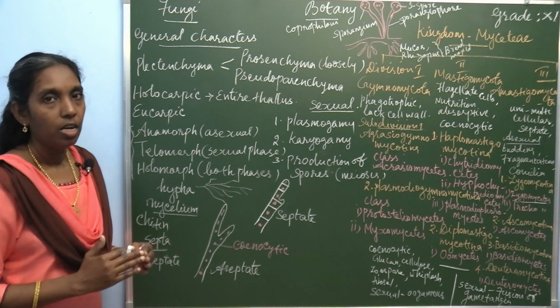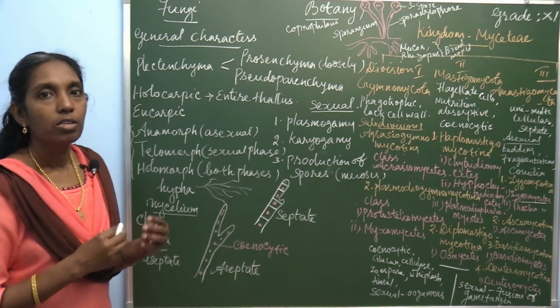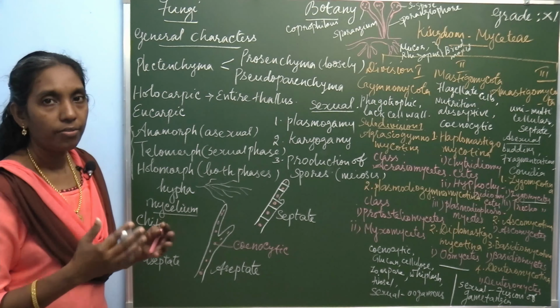Reproduction takes place by asexual method and sexual method. In the asexual method, it produces different spores or structures. But in sexual reproduction, there are three different types. First is fusion of protoplast, that is plasmogamy.